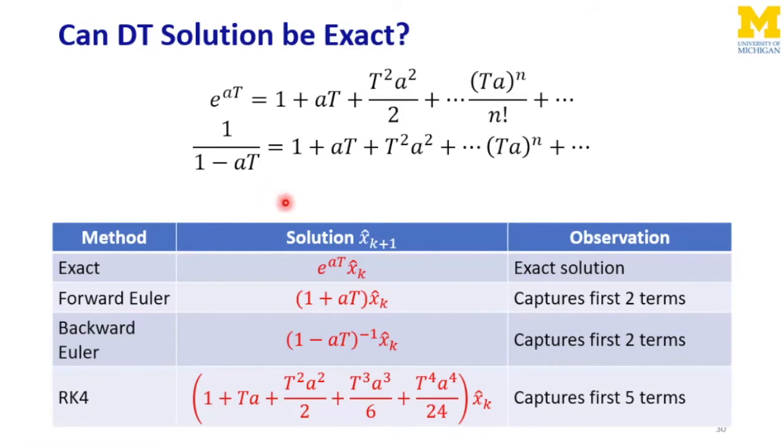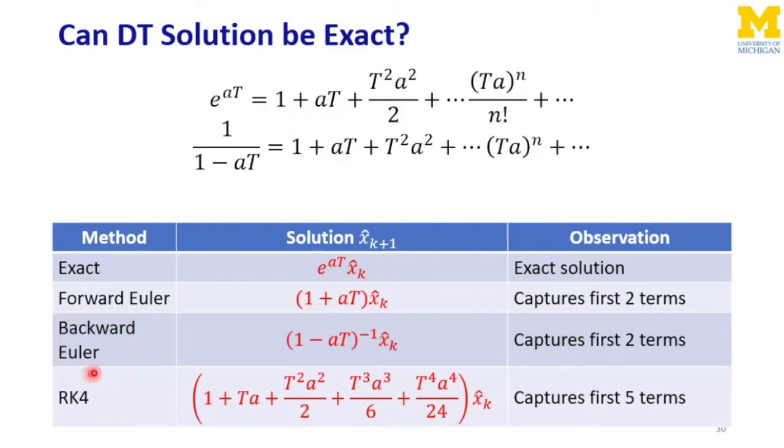Okay, so what about other DT solutions? What about other techniques that we have seen so far? We have seen the forward Euler, the backward Euler, and the RK4. And I just showed you an exact technique which gets us the true solution. So when we use the exact solution, obviously we are going to get the exact solution. When we use the forward Euler, we actually capture the first 2 terms of the true solution.